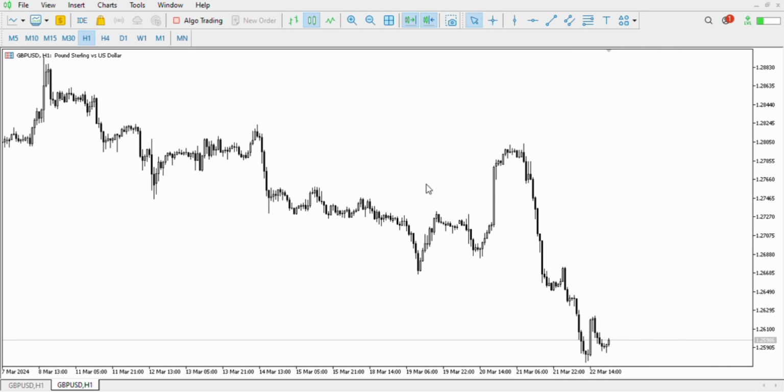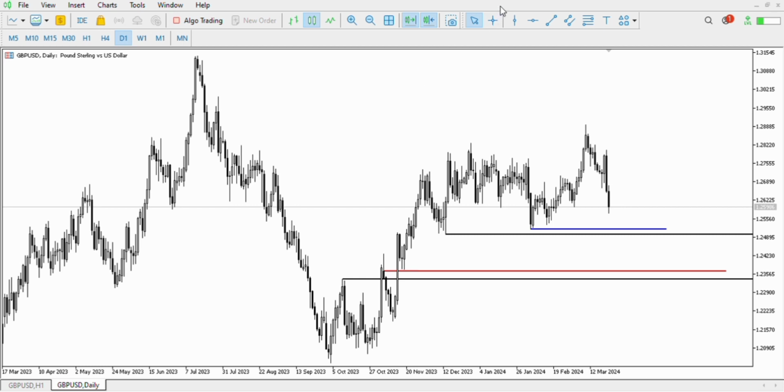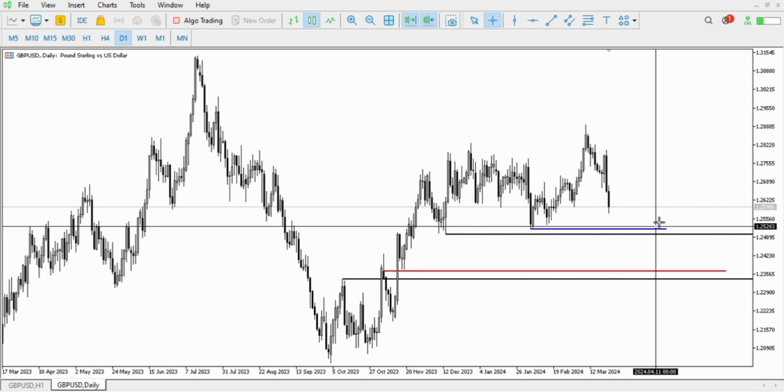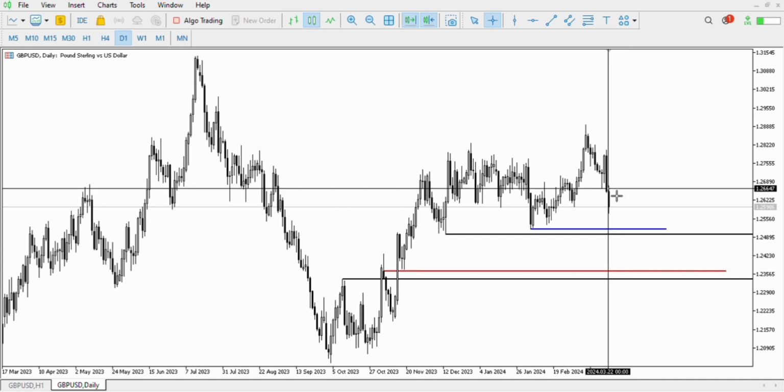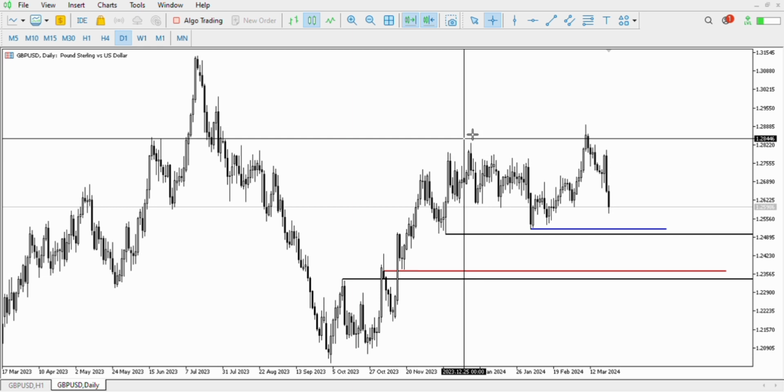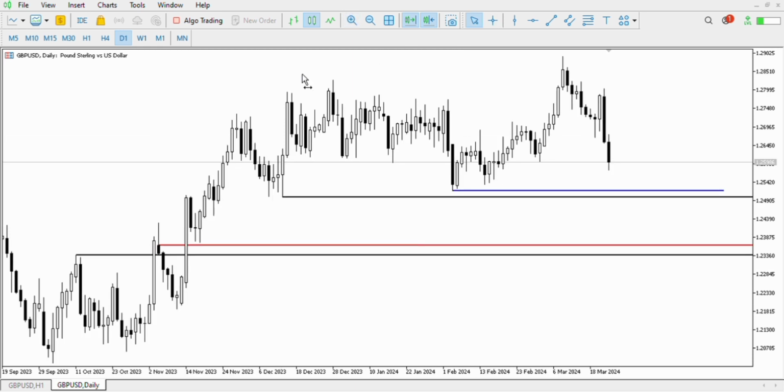So my overall bias for this week, to summarize what I've said so far: a move below this blue line simply means that we are having a move all the way down to this other block. And also, let me zoom in on this area right here. A move above this area, because remember I told you, I said I don't see price head above this area. I'll go back one more time so that you see what I'm talking about.